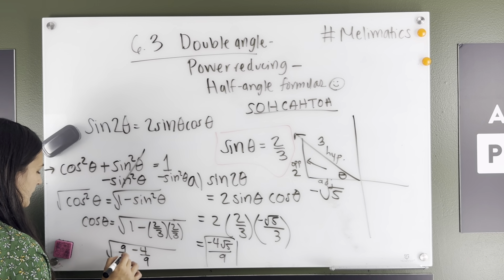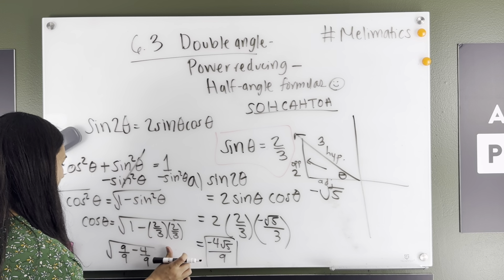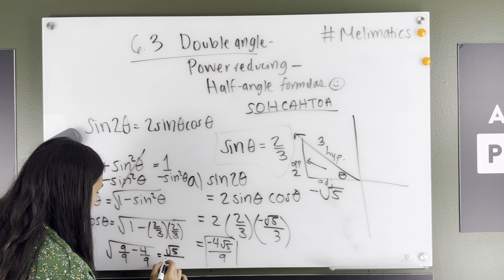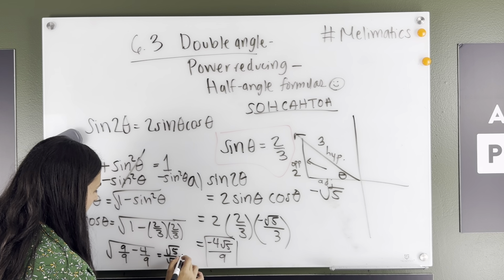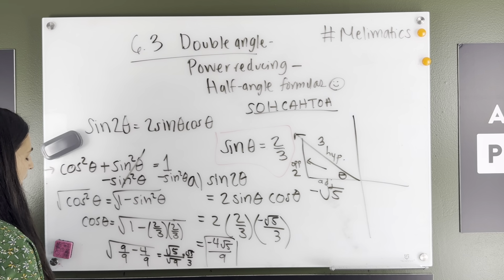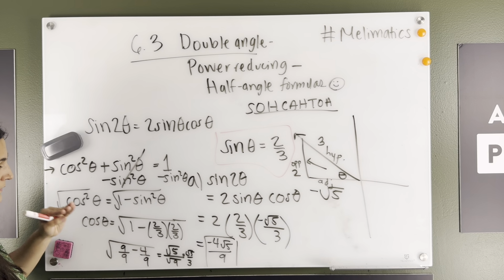So this is 9/9 instead of 1, minus 4/9, which is the square root of 5 over the square root of 9, which is square root of 5 over 3. So notice how either way we're getting the same answer, but don't forget, it makes sense for cosine to be negative in the second quadrant.